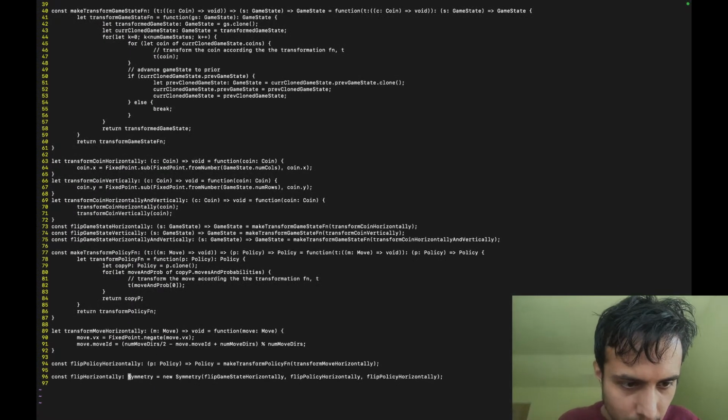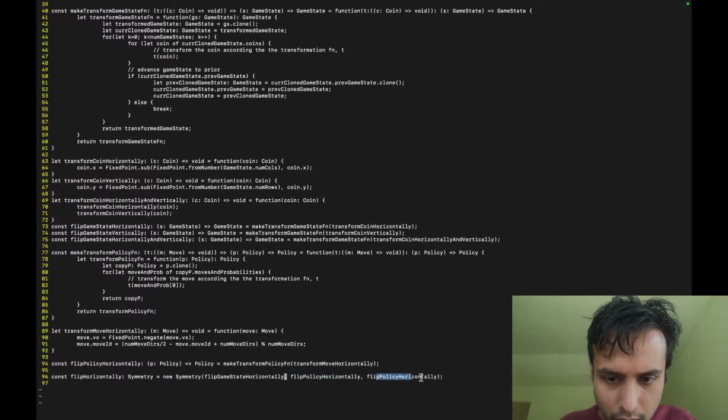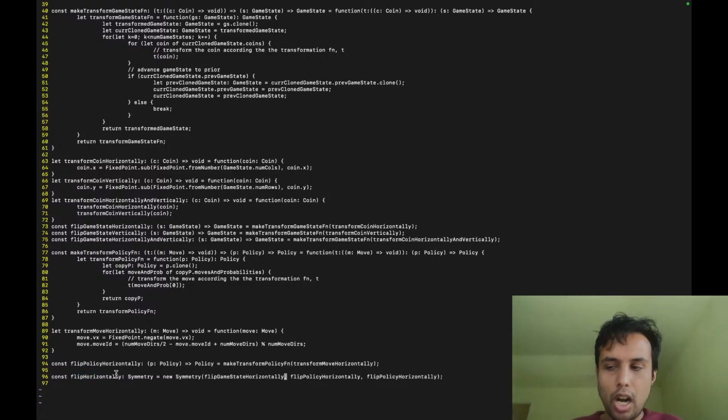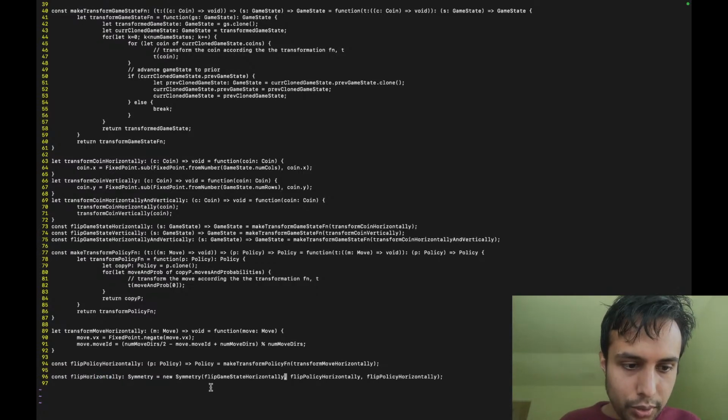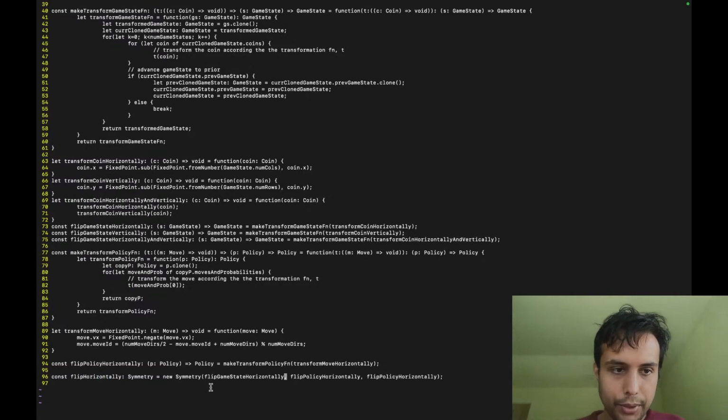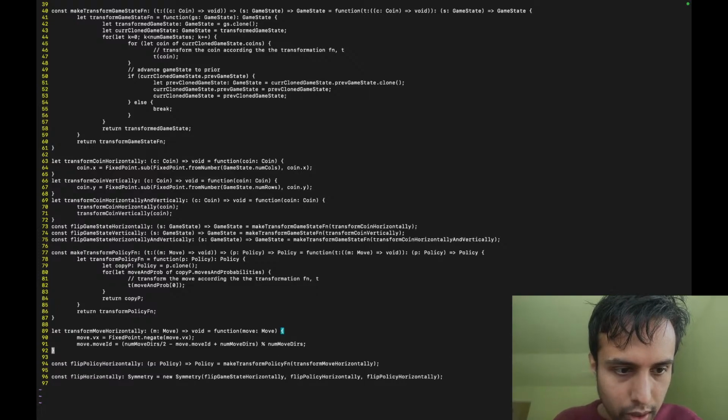So we have flip horizontally of a symmetry is a new symmetry, a flip game state horizontally, which is this function right here, and flip policy horizontally. So now we have finished flip horizontally. The entire symmetry, we're done with one symmetry. Now we just need to do flip vertically and then flip horizontally and vertically, and then we're finished with symmetries in theory. So that's flipping horizontally.